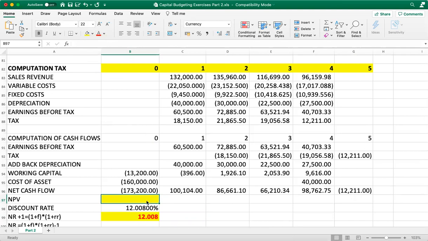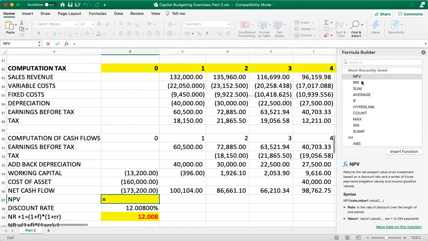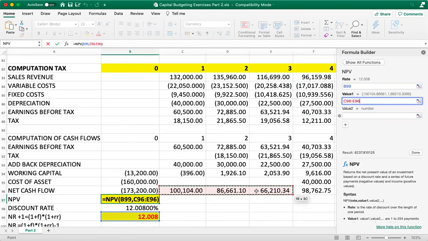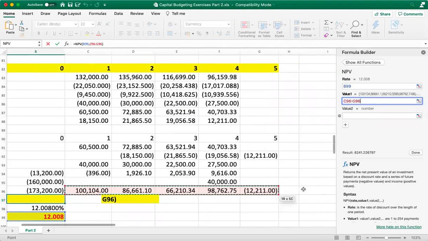So I come here, I go to FX, which is function. And if you go to your right, you'll see formula builder, NPV. So I double click on NPV. I pick 12.008, the one in red. Then when it comes to value 1, I'll pick values from year 1 up to year 5. So pick year 1, 2, 3, 4, up to year 5. And then say, okay.